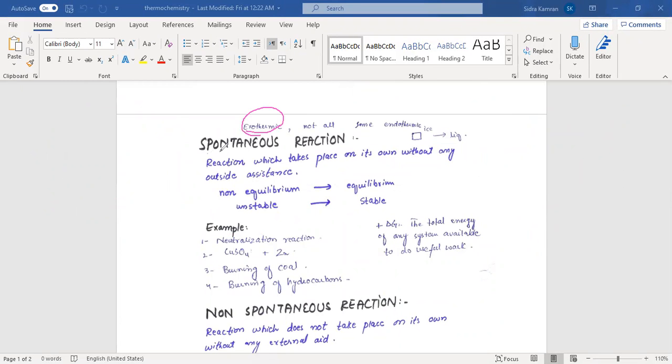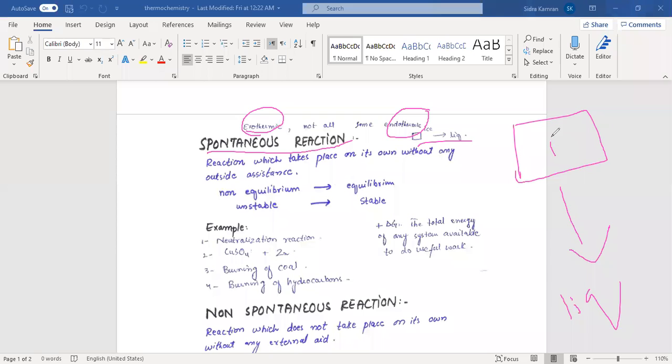Sometimes spontaneous reactions are also endothermic, like the conversion of ice into liquid. If you place ice, that ice will convert into liquid without any assistance, by absorbing energy from the surrounding.